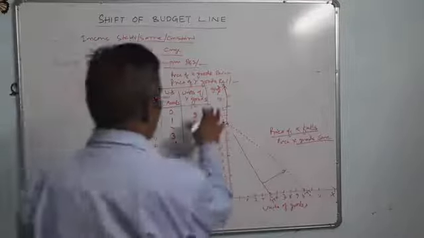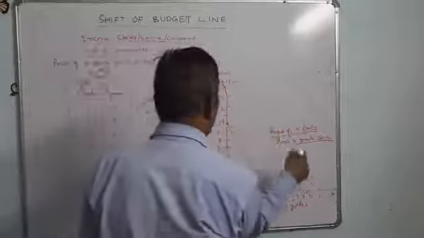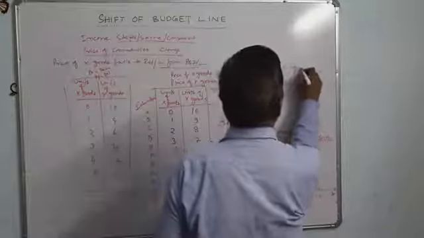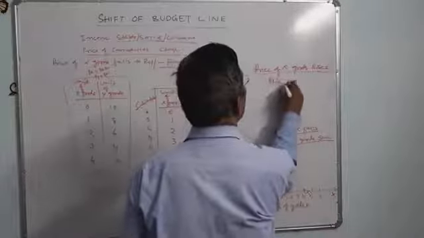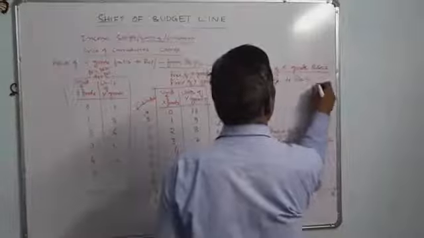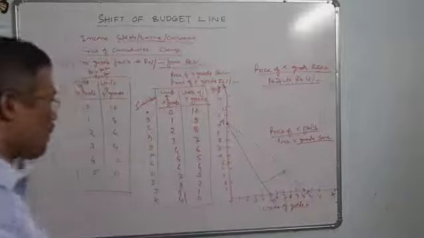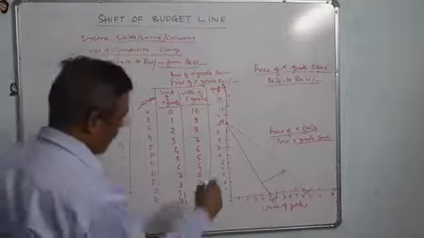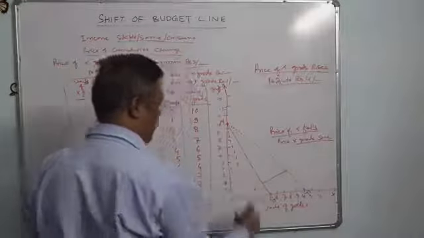But if the price of X goods rises, from rupees 2 to rupees 4, the line will be like this.